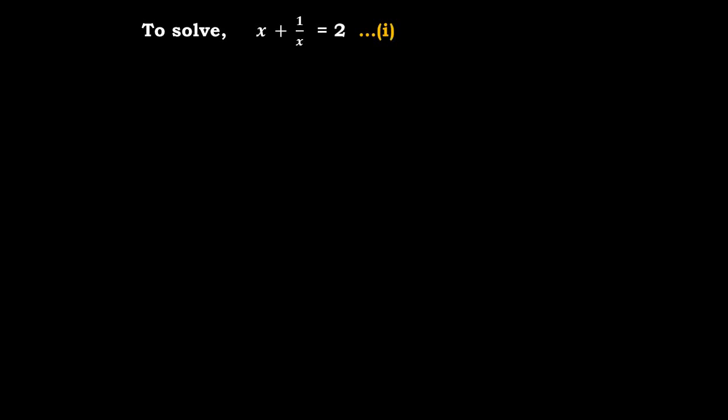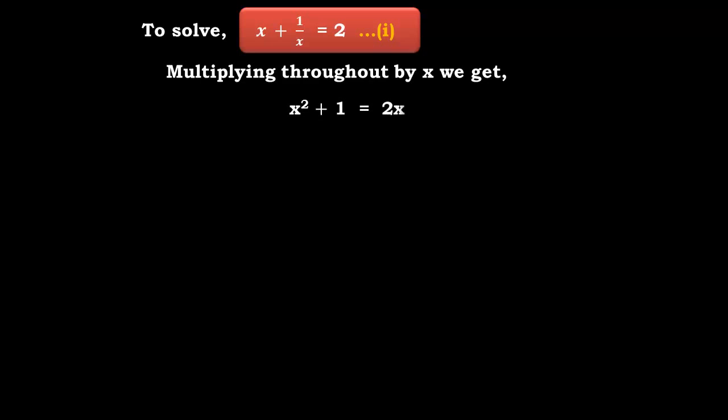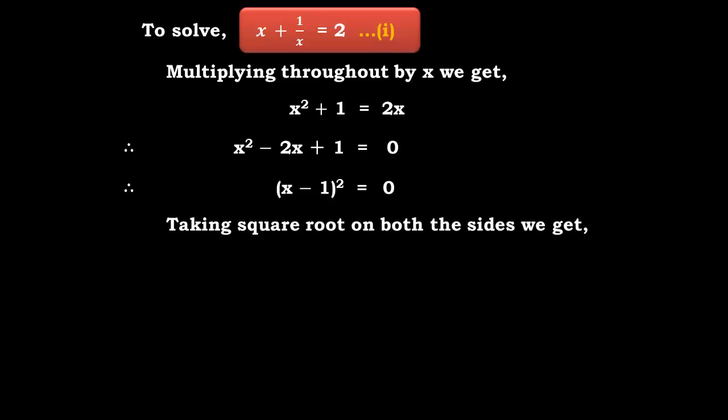So to solve x + 1/x = 2, equation number 1, first multiplying throughout by x, we get x² + 1 = 2x. So x² - 2x + 1 = 0. So we can write the factors (x - 1)² = 0. Therefore, taking square root on both the sides, we get x - 1 = 0. Therefore, x = 1.